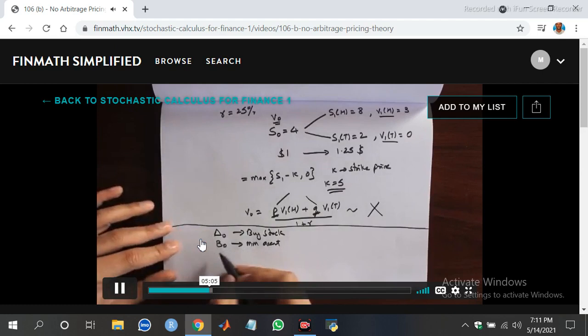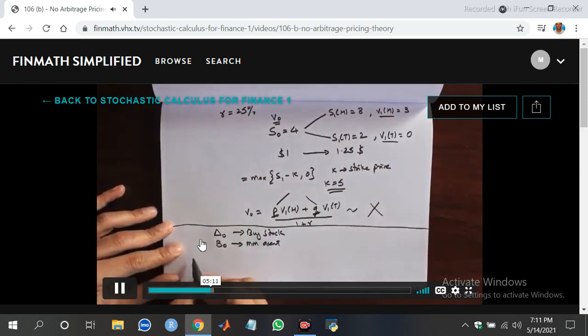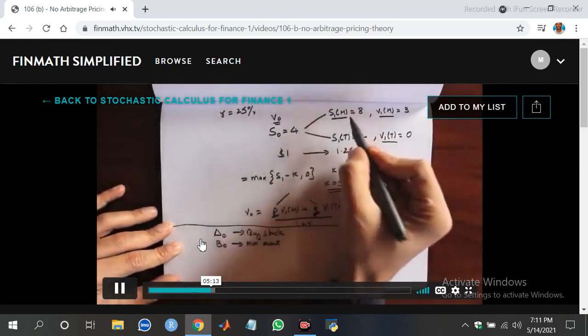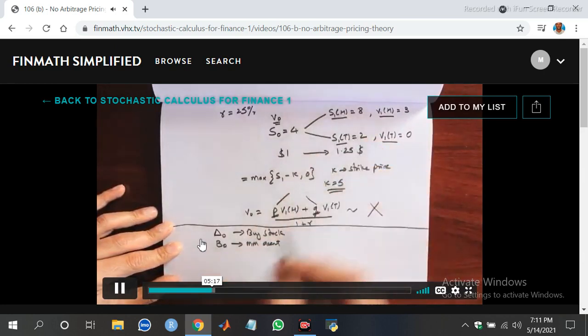Okay, I would like to figure out the value of this portfolio at time 1. Since at time 1 we could have tossed either a head or a tail, we could be in either this state or this state.